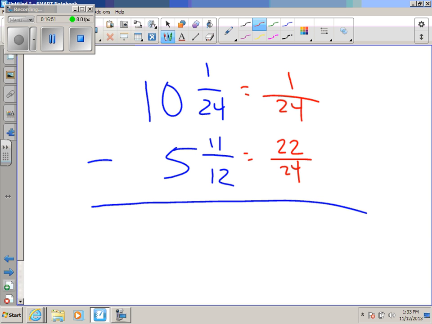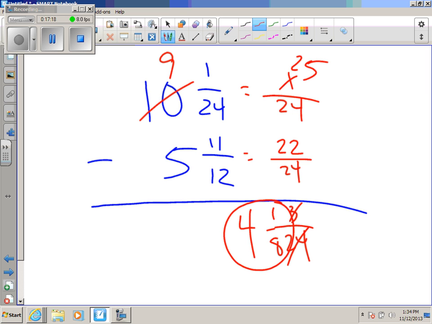Well, I can take 1 from 22. I can't take 22 from 1. So I need more 24ths, right? How many 24ths did I take if I took 1 whole? Plus, how many are there? So I should have 25 minus 22 is 3. 9 minus 5 is 4. Simplified, 4 and 1/8.